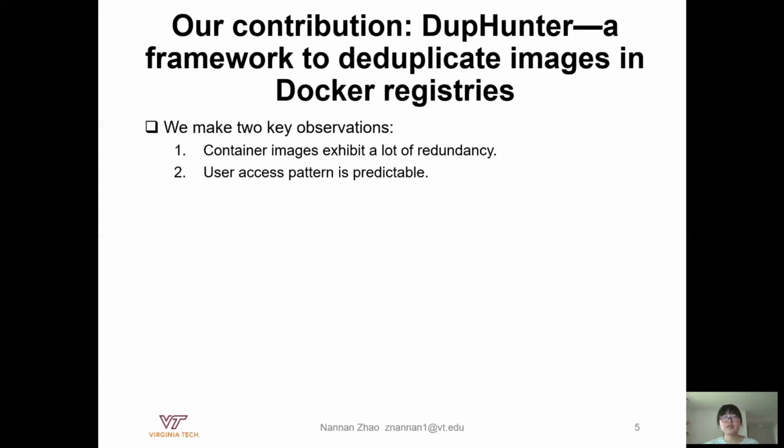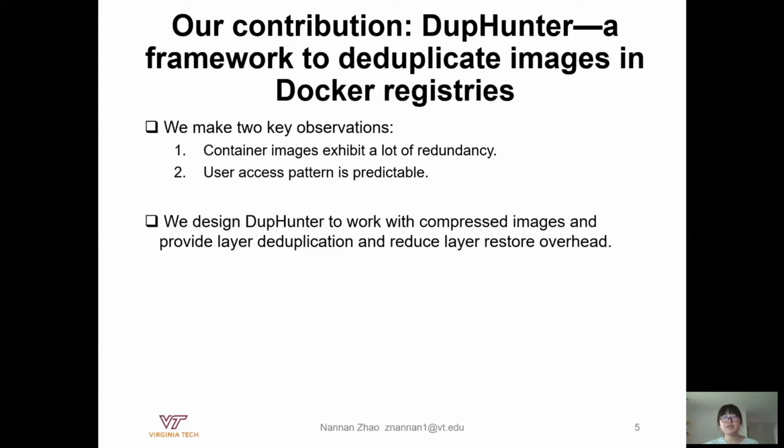Second, the way users access the registry is predictable. Thus, learning these access patterns can help us optimize the system. We use these two observations to design DupHunter, which not only dedupes layers, but also reduces layer restore overhead.